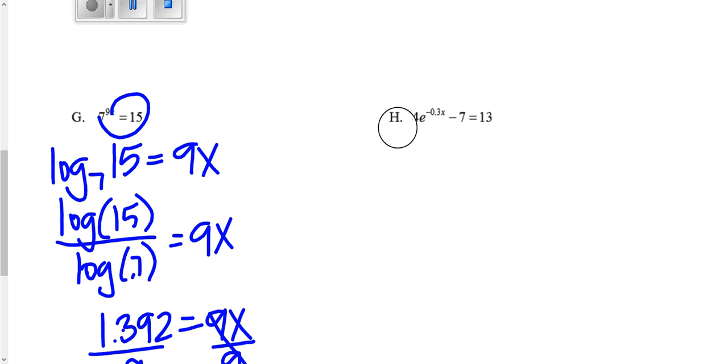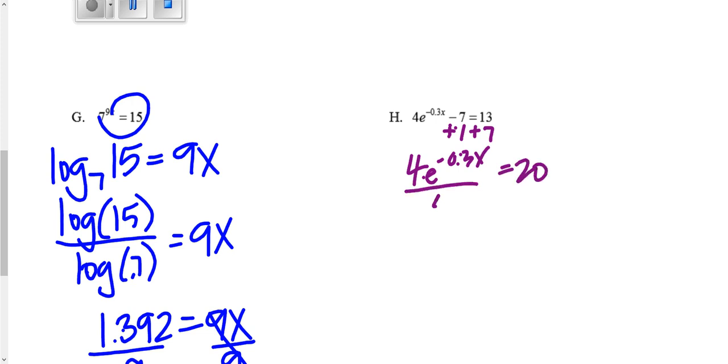And the other thing I wanted to mention is there's a lot going on in this problem. So before we loop and scoop, we actually have to get rid of everything that's not being raised to an exponent. So our first step is going to be to add 7. So we have 4 times e to the negative 0.3x equals 20 now. And then I also have to divide by that 4 before I loop and scoop. So I have e to the negative 0.3x equals 5.